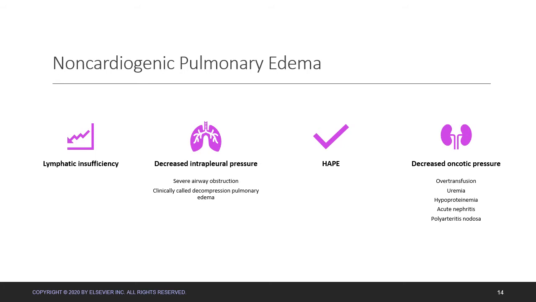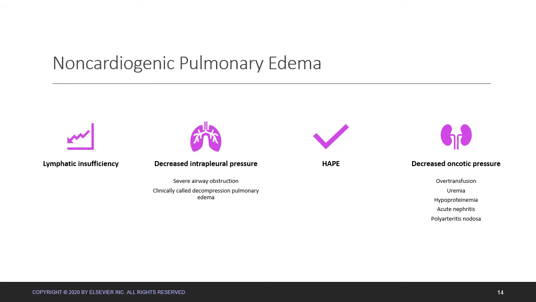Decreased oncotic pressure. Although this condition is rare, if oncotic pressure is reduced from the normal 25 to 30 millimeters of mercury and falls below a patient's normal hydrostatic pressure of 10 to 15 millimeters of mercury, fluid can begin to seep into the interstitial and air spaces of the lungs.